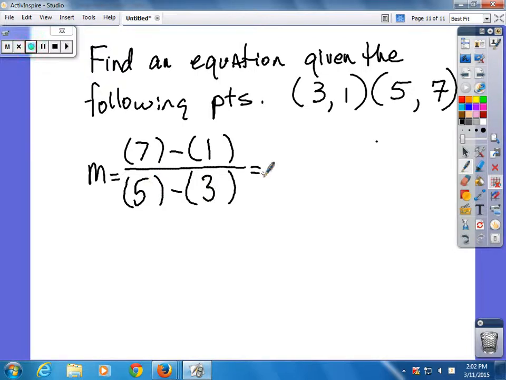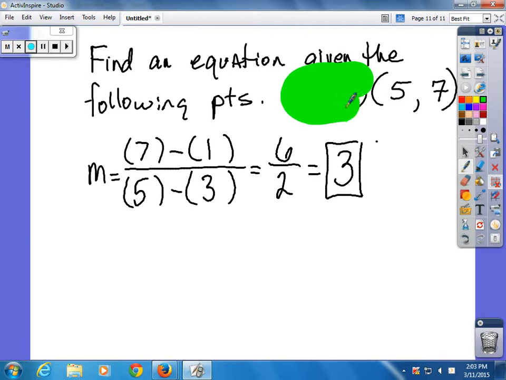So 7 minus 1 is 6, and 5 minus 3 is 2, so our slope is 3. Now we have a point and a slope.